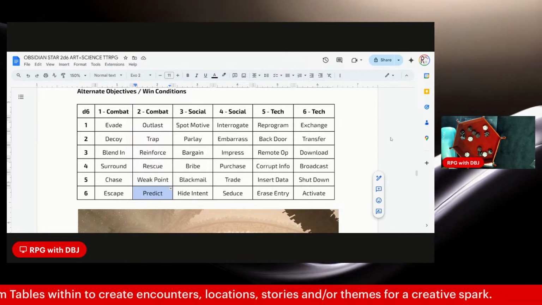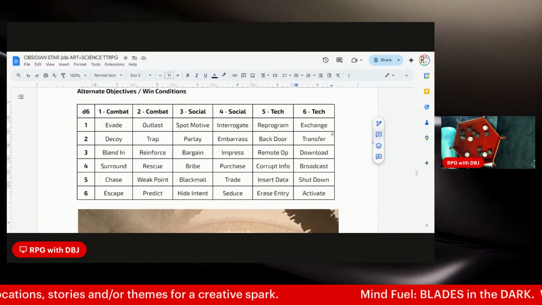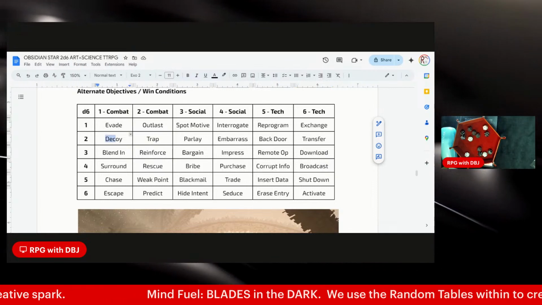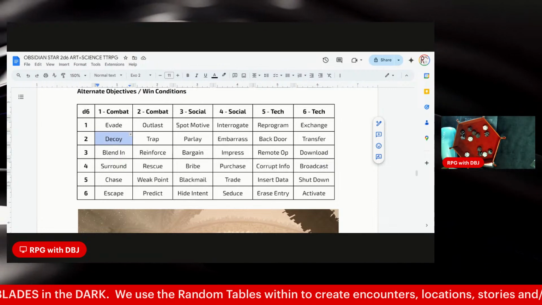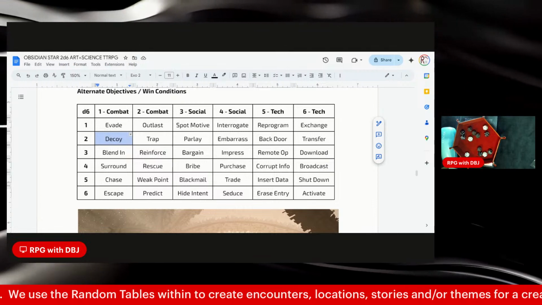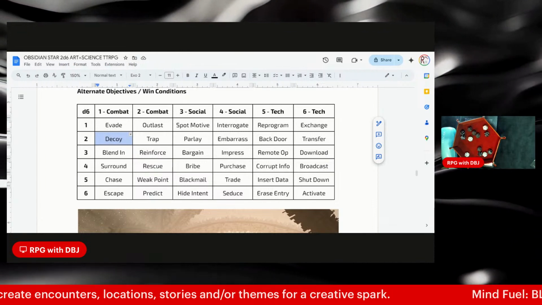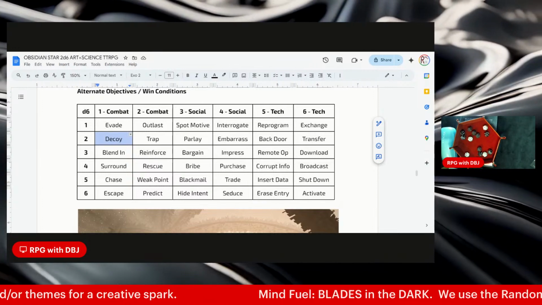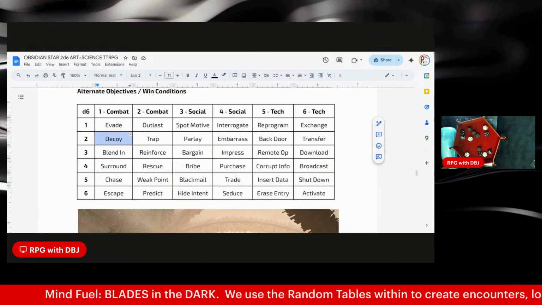And again, for example, let's go with decoy, right? Maybe the purpose is not to destroy the enemy. Maybe the purpose is to get them busy enough to ignore something else that's going on. Maybe another player is doing the tech part, the corrupting info, inserting data, erasing entry, exchanging, downloading.